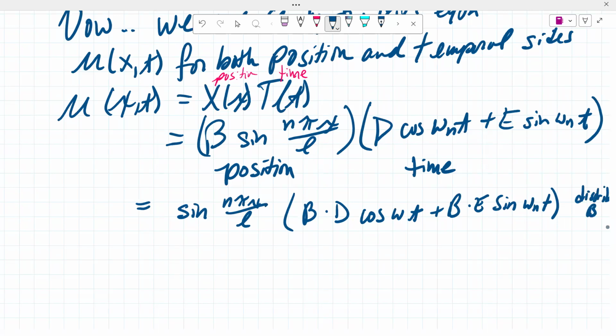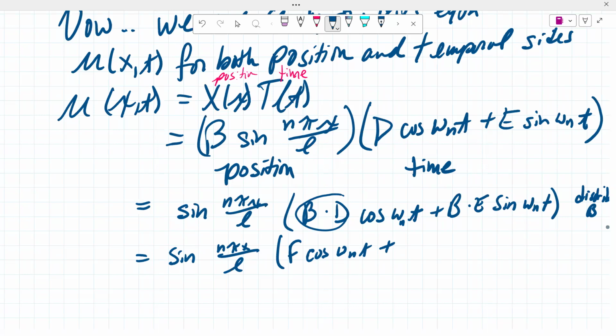I just distributed b. Next, I'm going to play the constant collapse thing again. So we're going to do sine n pi x over L times f cosine. Right, so we now have two of these together again. We're going to collapse those. Cosine omega sub n t.